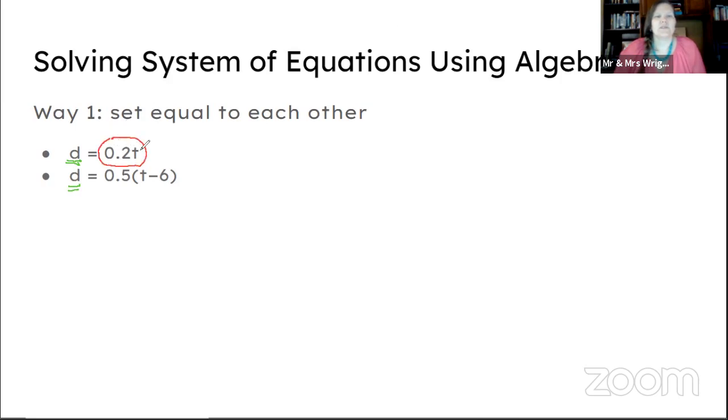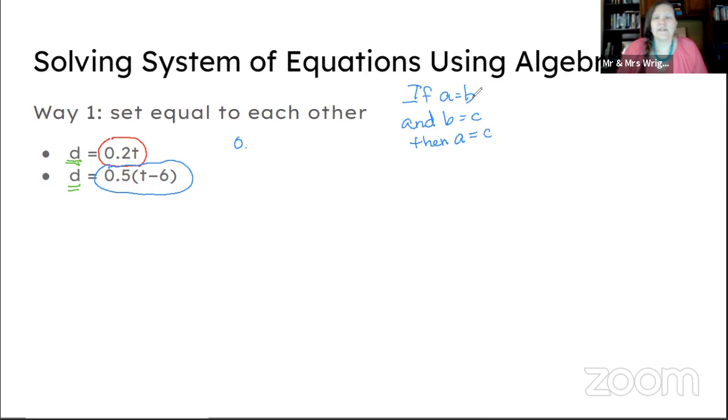If 0.2t is equal to D, and 0.5 times (t minus 6) is also equal to D, then we can use one of the properties you've learned: if a is equal to b and b is equal to c, then a is equal to c, right?